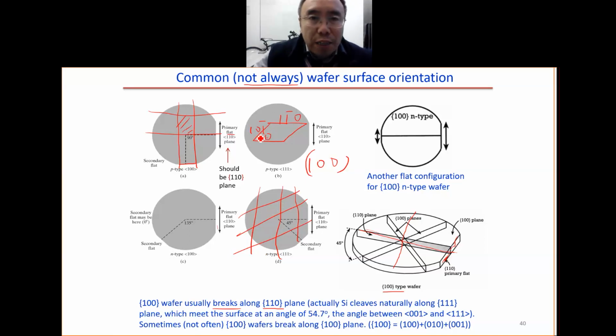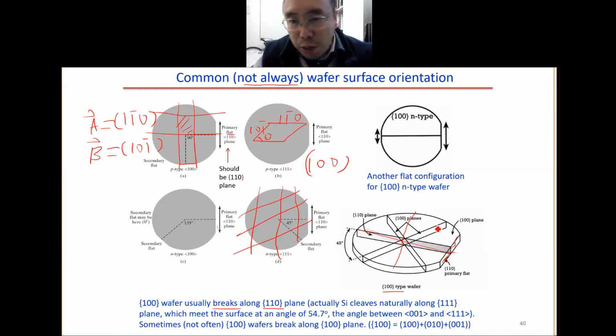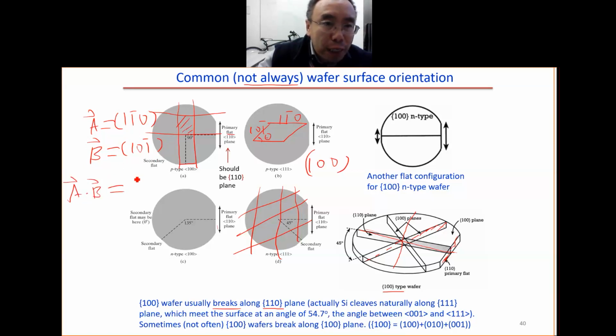So what's the angle here? We have two vectors, A equal to 1 1 0 and B equal to 1 0 1. The angle between this plane and this plane is the same as the angle between these two vectors. A dot B equals 1 times 1, 1 times 0, 0 times 1, so equal to 1.